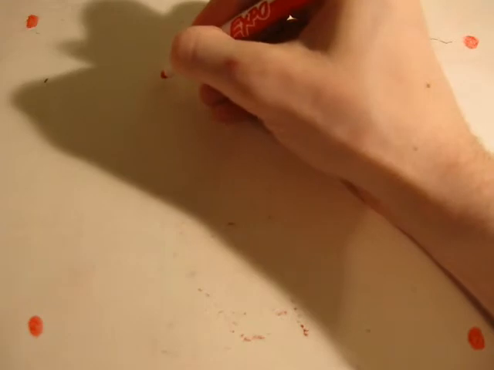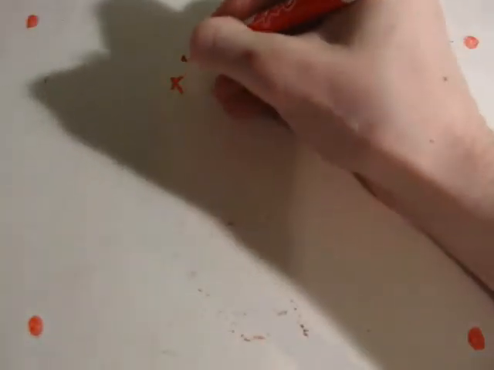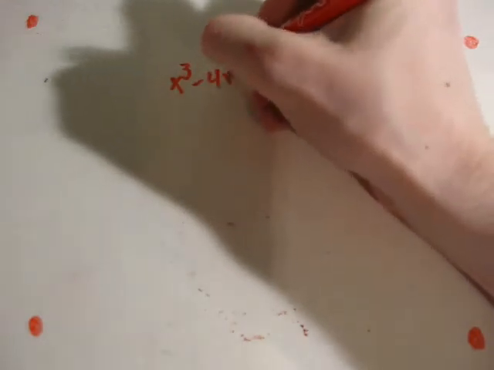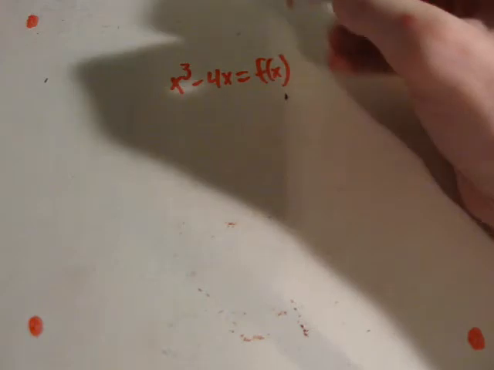Step 2. Find the x and y intercepts. Well, to find the y-intercept, you set x to 0. So, x cubed minus 4x equals the f of x.